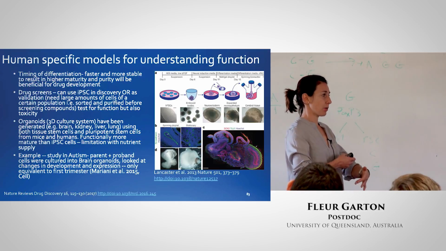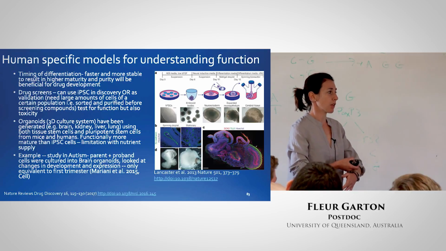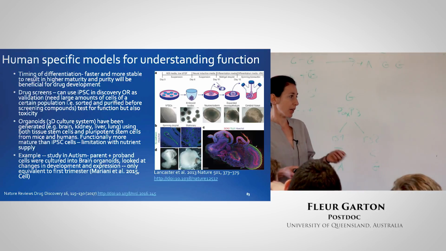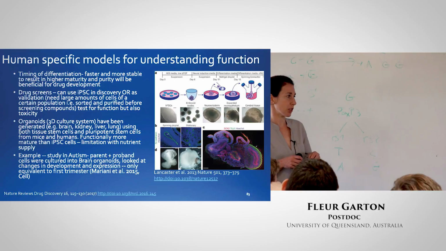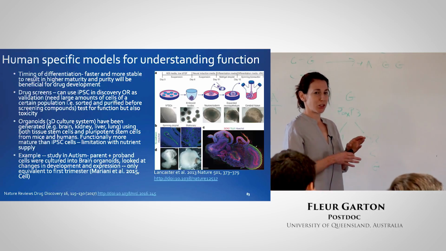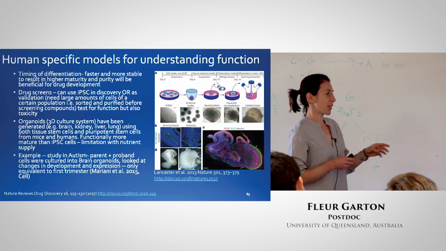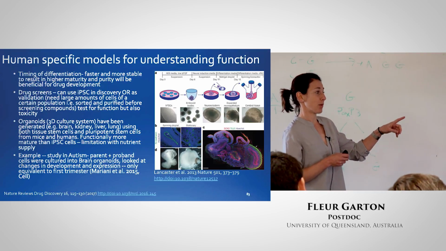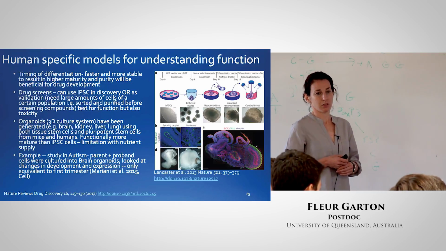I found an example, there was a study in autism. So parent and the proband cells were cultured into brain organoids, and they looked at changes in development and expression. And so, yes, this is more mature than a neuron, but they said it was actually equivalent to the first trimester of brain development.